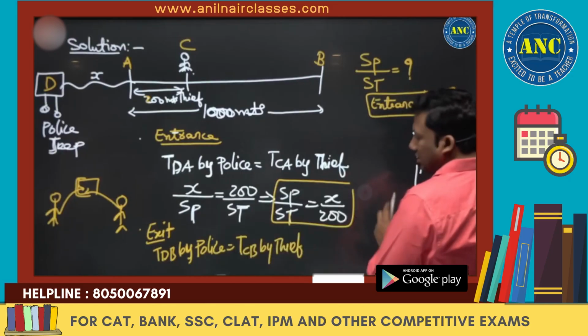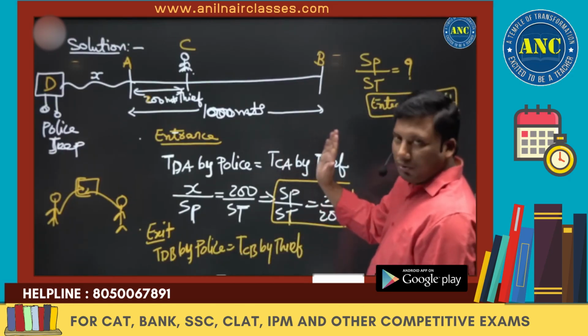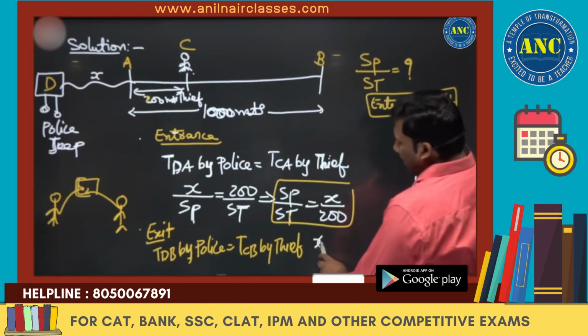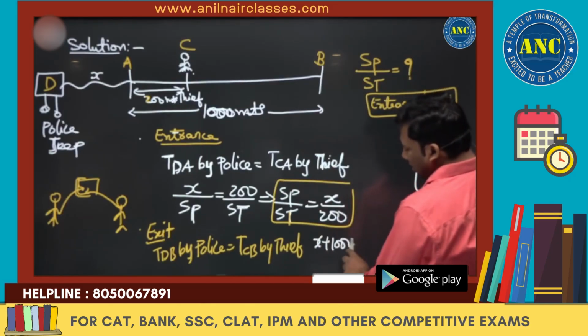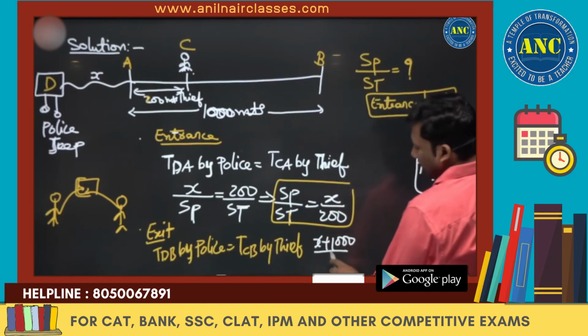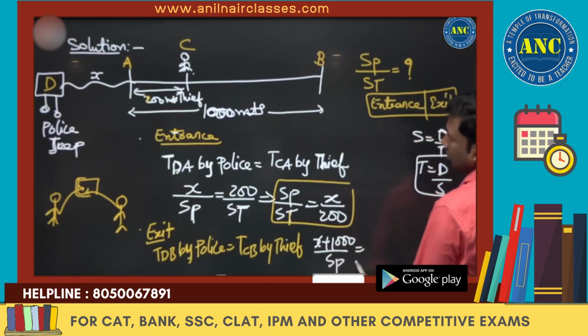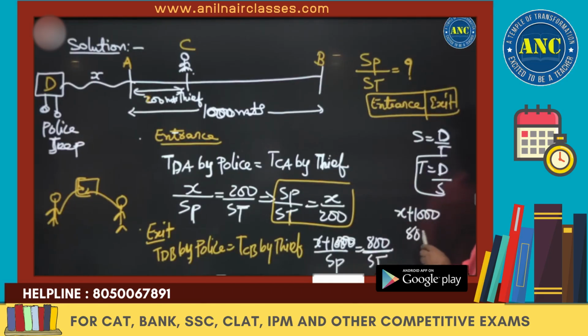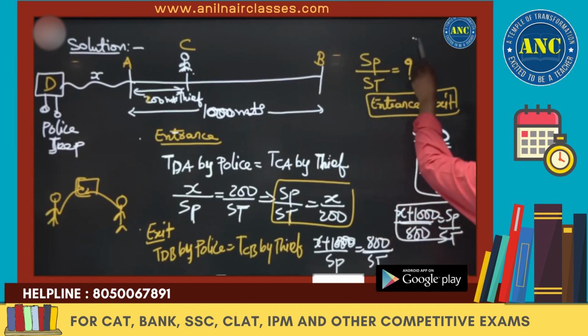I hope this concept is clear. D to B means totally how much it will travel: x plus 1000, divided by SP. This is the traditional method. The thief travels the entire 800, divided by ST. So (x plus 1000) divided by 800 equals SP by ST. Equate both of them and you will get the answer.